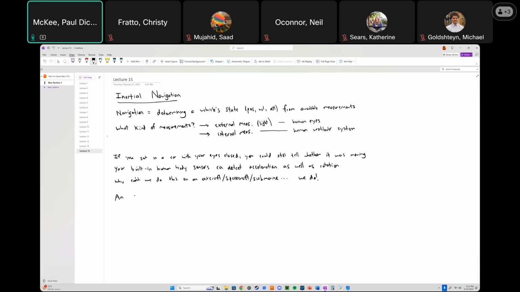So an inertial measurement unit, or IMU, is a sensor suite that takes inertial measurements that can be used for navigation.